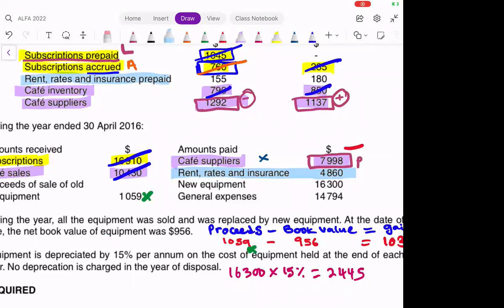Yes, I can see rent and rates insurance prepaid 115180. So now, can you calculate how much is the rent, rates, and insurance? You should know our prepaid plus or minus. Can you calculate and tell me how much is your rent, rates, and insurance?